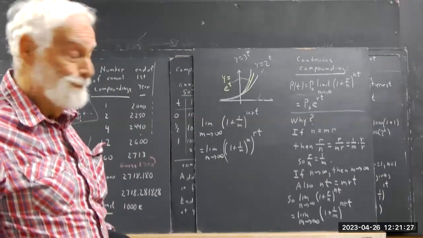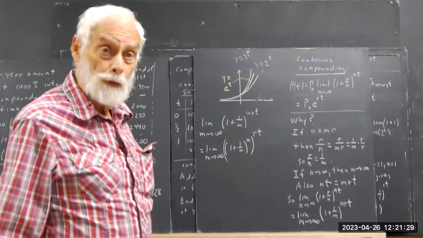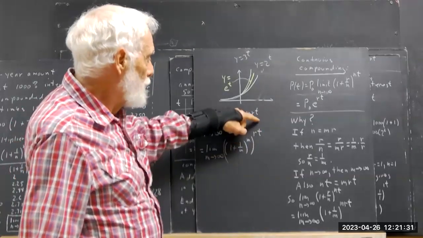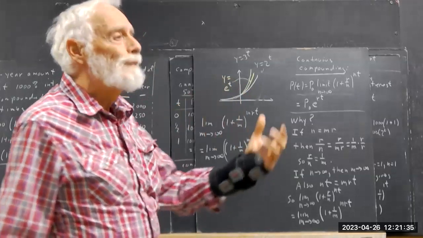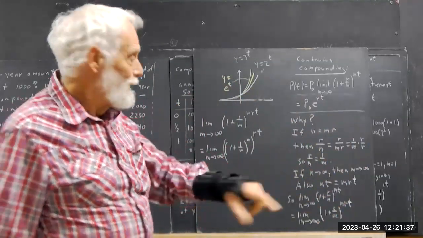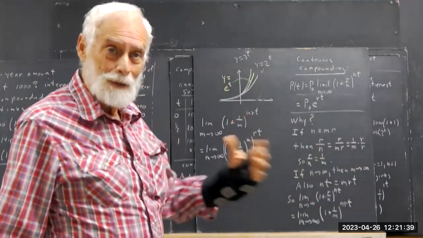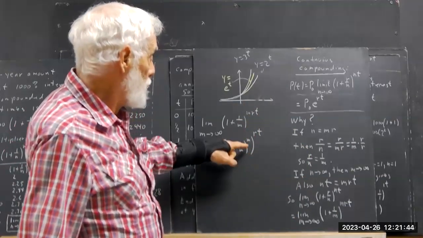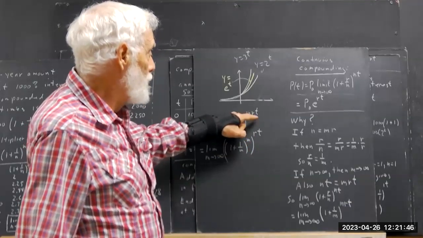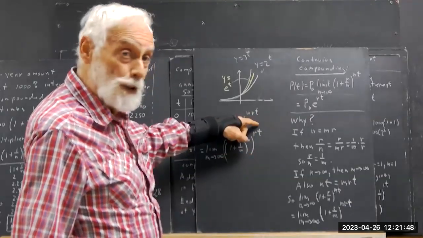And that's by your rules for exponents: a power of a power, you multiply powers. So I can sort of factor this mrt, but it's not really factoring in the standard sense. I can use the rule for exponents to write the mrt exponent as m times rt.